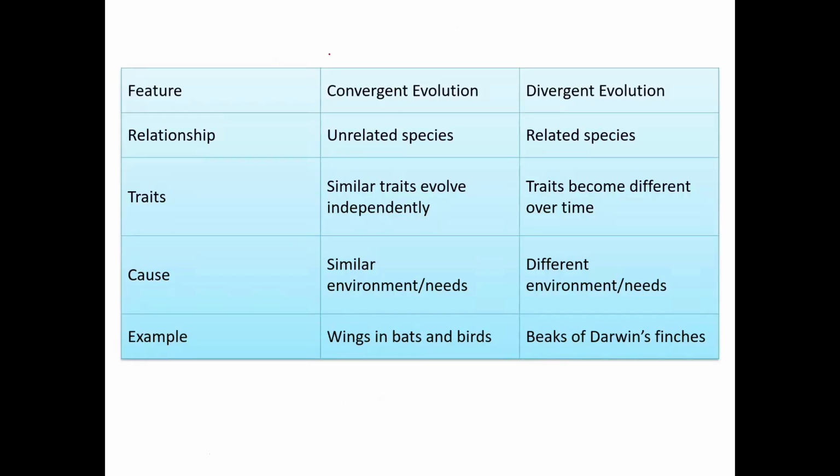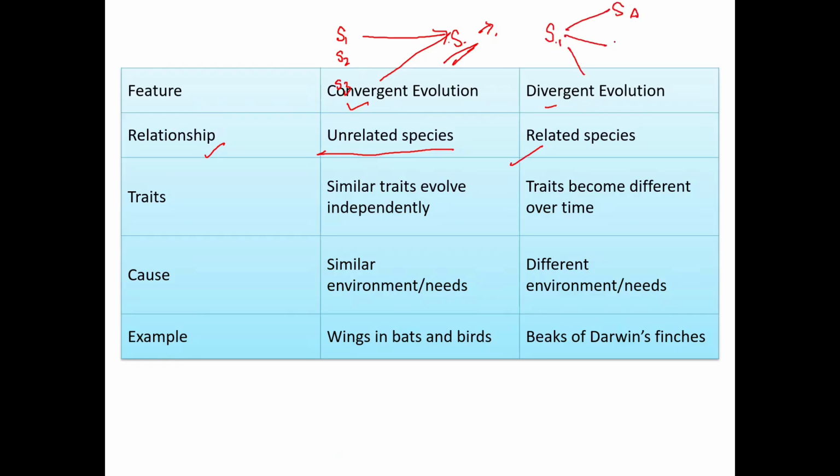Okay, let's differentiate between convergent and divergent evolution. Convergent is for unrelated species, from S1, S2, S3, which form a common group sharing some common feature or function. Divergent evolution is for related species: species 1 differentiates and forms new varieties of species.